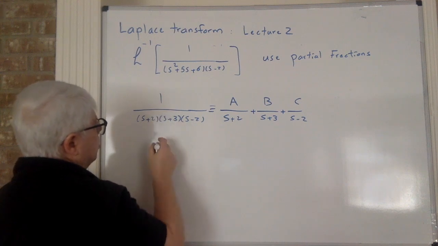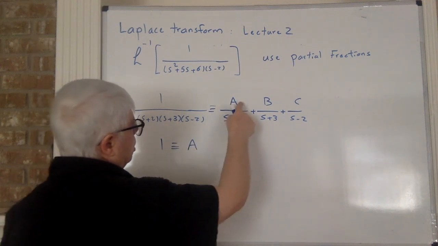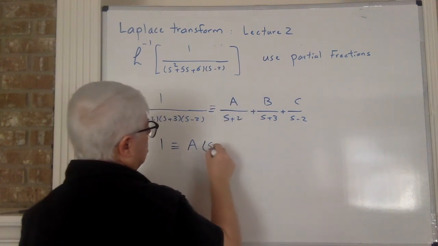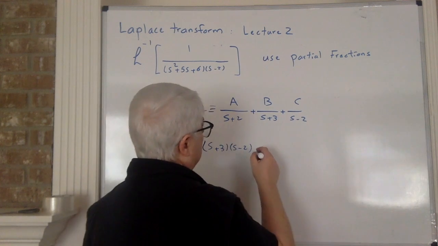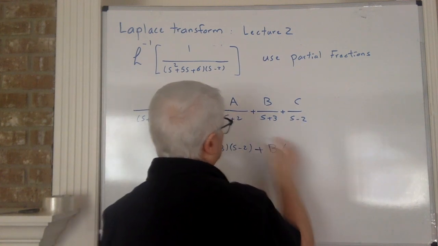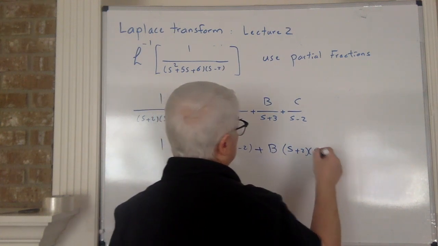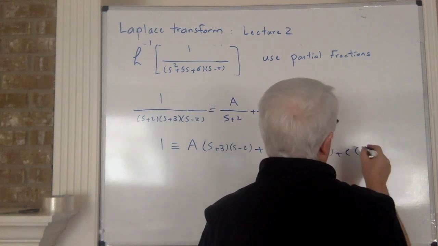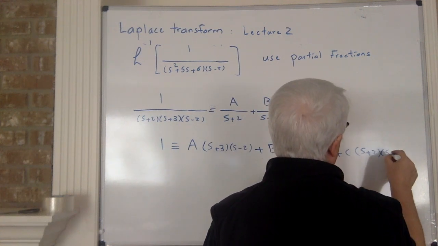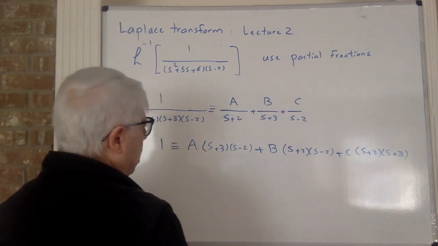So let's get rid of this denominator. So I have A times s plus 3, s minus 2, plus B times s plus 2, s minus 2, plus C times s plus 2, s plus 3.